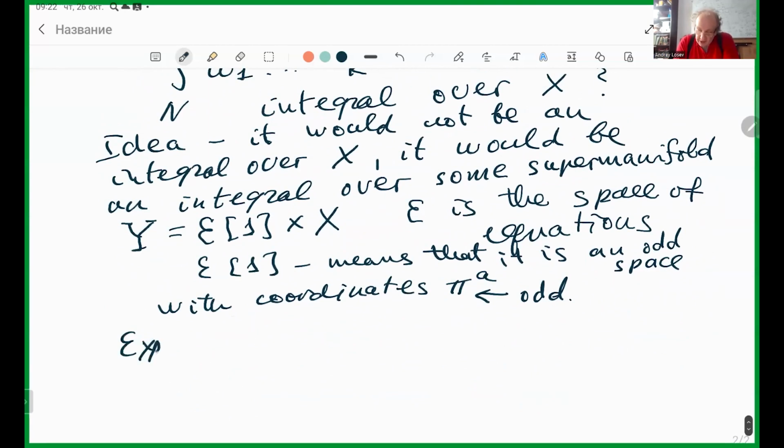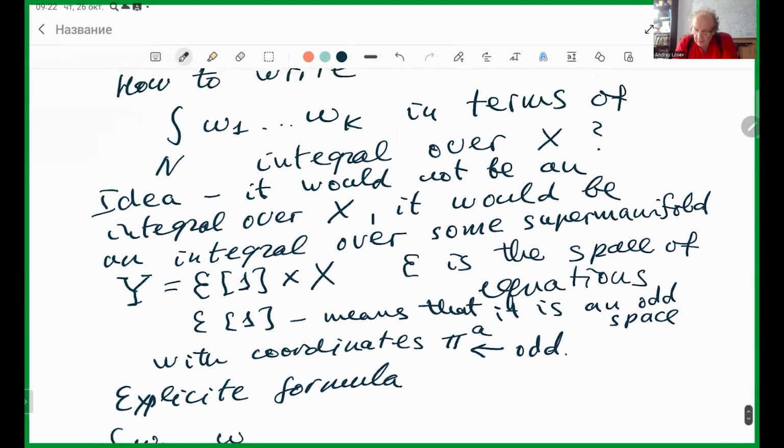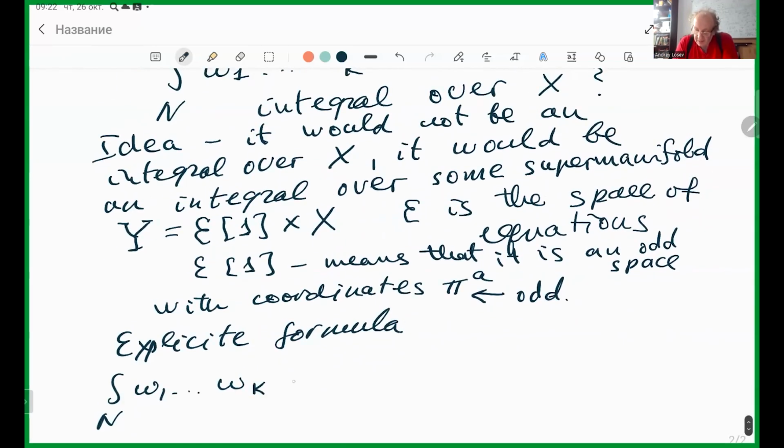Explicit formula: the integral over N of omega 1, omega k is the integral over d pi a, dpa.